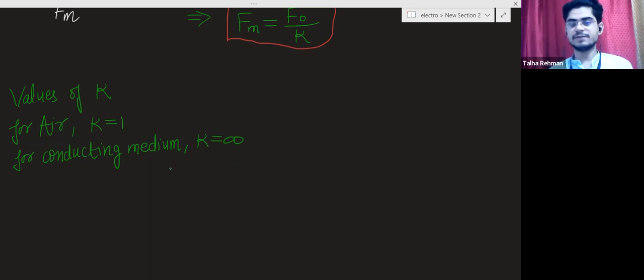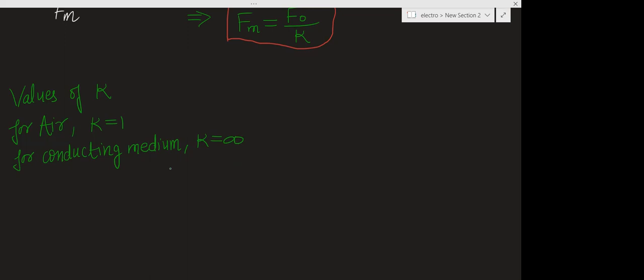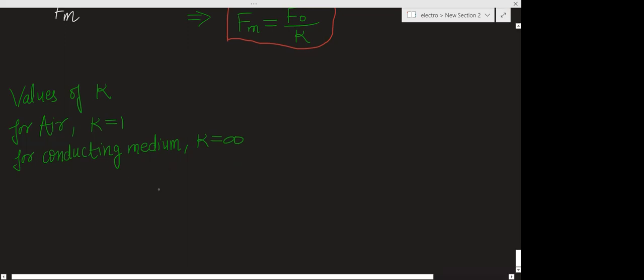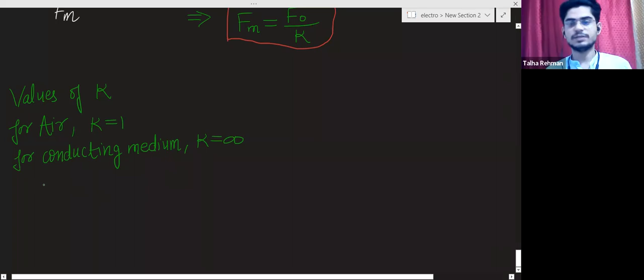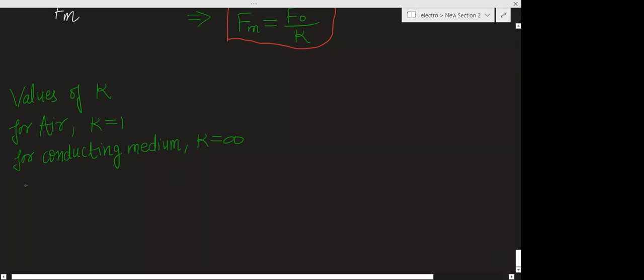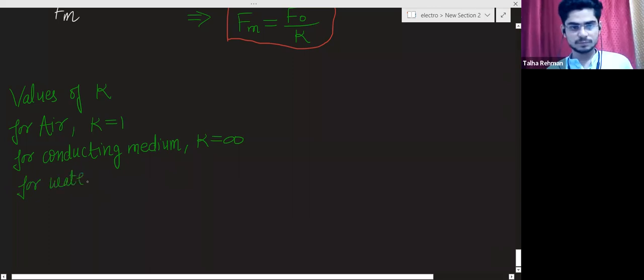In metals there are free electrons, and they are conductors. The charge carriers are electrons, and due to those electrons the current is generated. And for water, K equals 80.